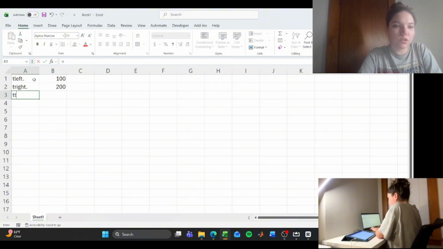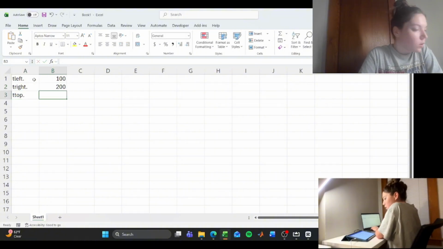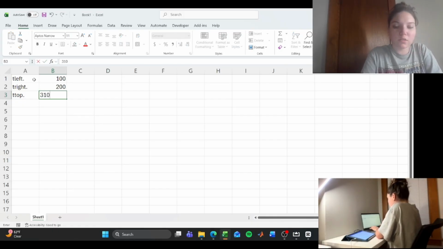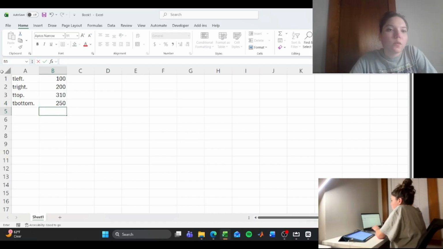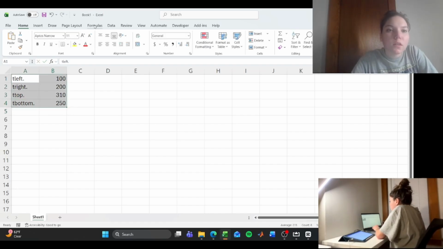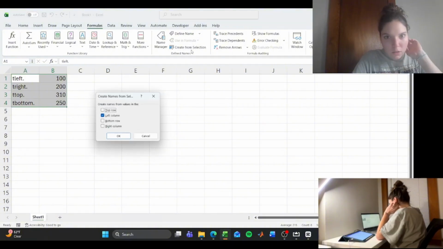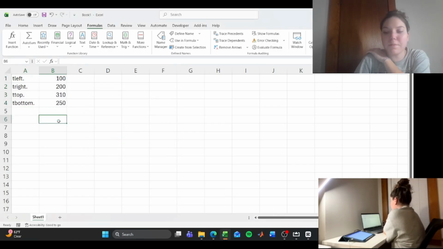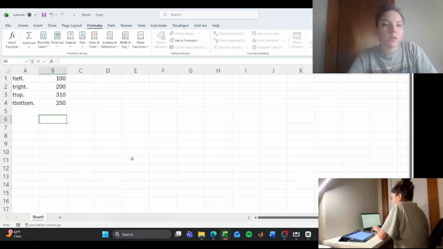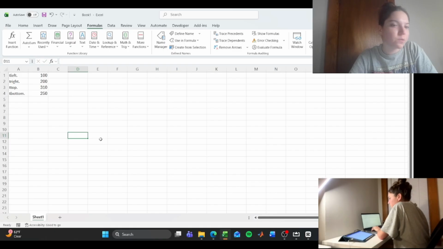The temperature at the top was 310 degrees Celsius, and the temperature at the bottom was 250. And now we can select this, formulas, create, the left column is going to be the names, and the values are on the right. Great. Okay, so now let's model the grid that I had before.